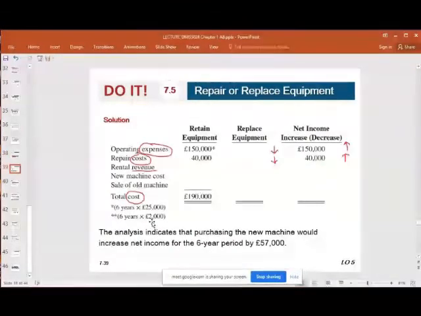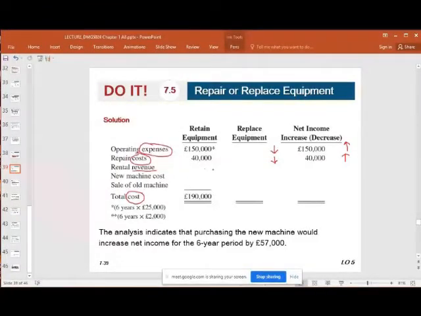So 2,000 times 6 years, you get 12,000. Since this is revenue, from 0 to 12,000, revenue increases, net income also increases.